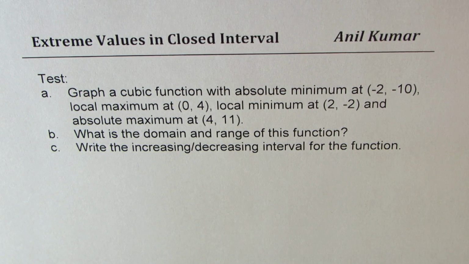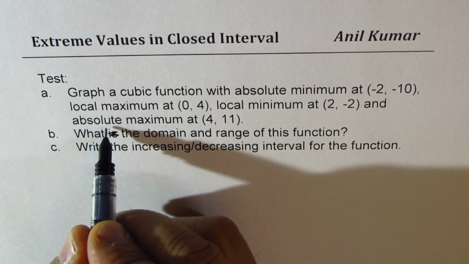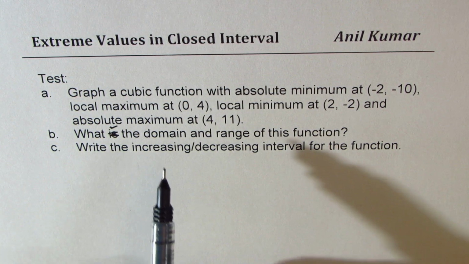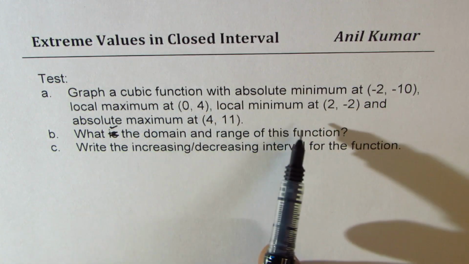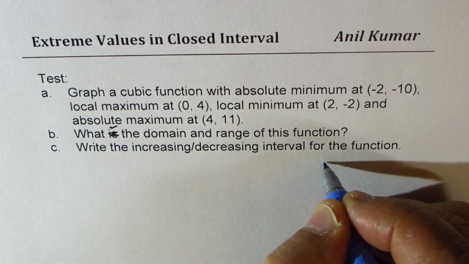Part B is write what is the domain and range of this function, and part C is write the increasing and decreasing intervals for the function. Right. So first part here is to sketch a cubic function with given information. I would like you to pause the video, answer this question, and then look into my suggestions.